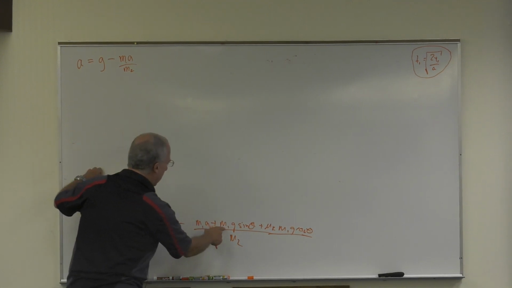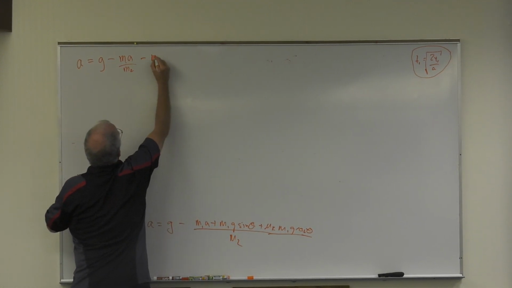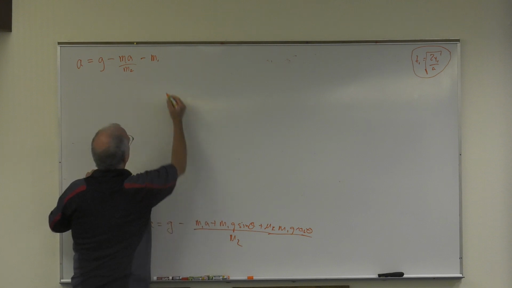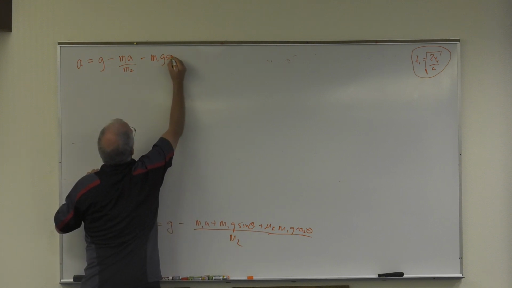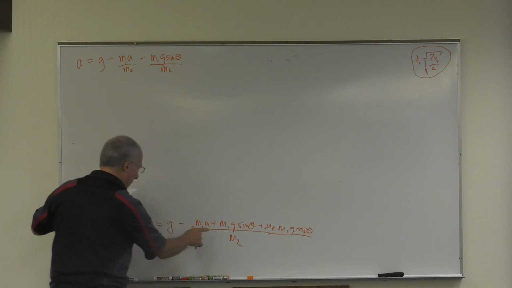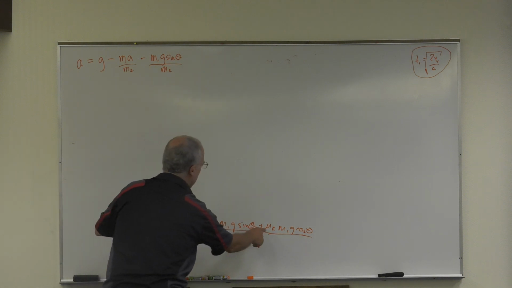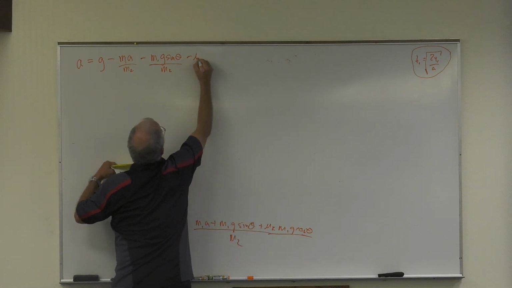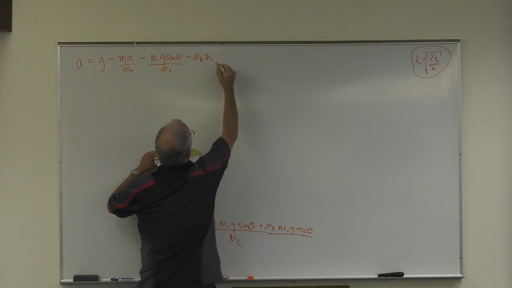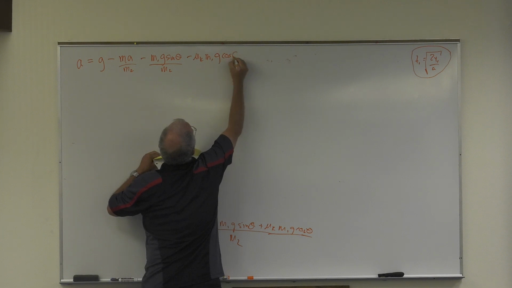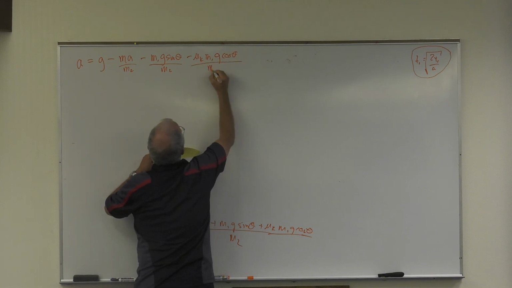Then I have a minus M1G sine theta over M2. Then I have a minus mu k M1G cos theta over M2.